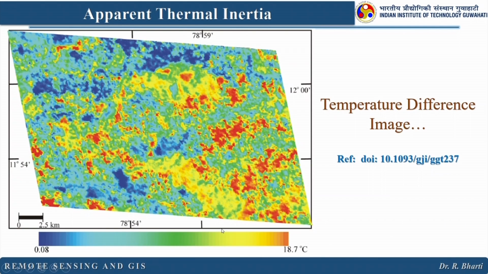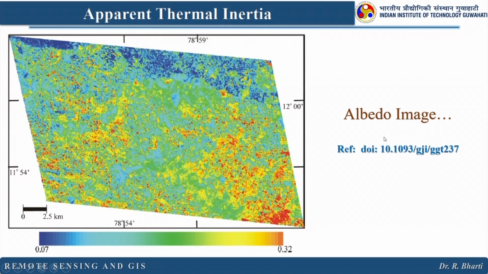So the temperature difference image, when you are using ASTER data, will look like this depending upon your area and the material, but this is one example from this particular paper, and this is the albedo image.